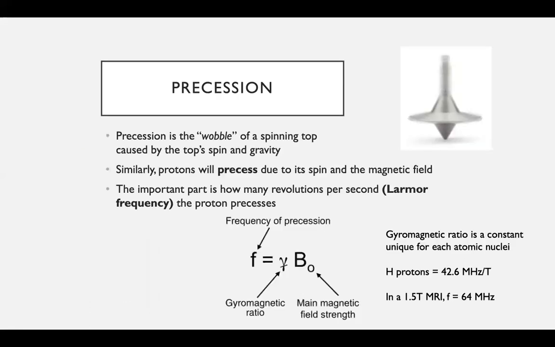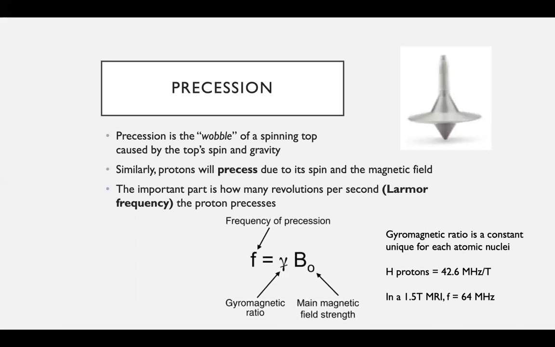I want to talk about a principle called precession. If you take a spinning top and spin it on a table, we can think of that as our hydrogen proton spinning. But the top will also have a wobble, and this is due to the top's spin and gravity. Similarly, a hydrogen proton will precess, it will wobble due to its spin and the magnetic field produced by the scanner.